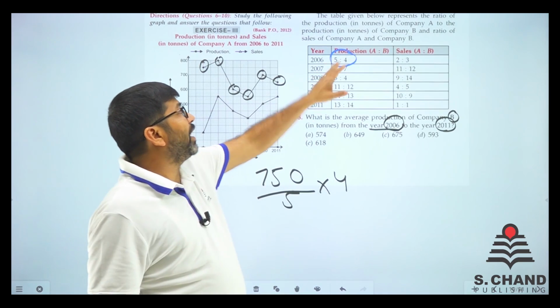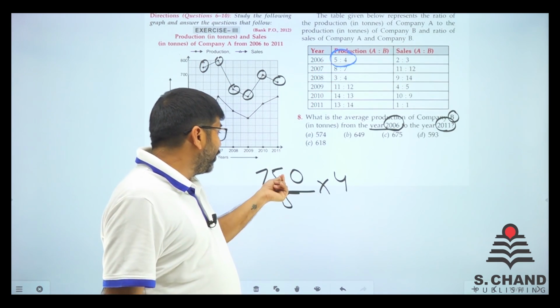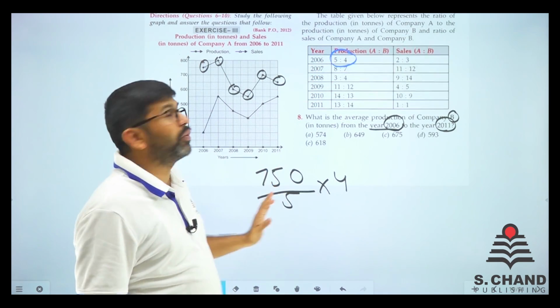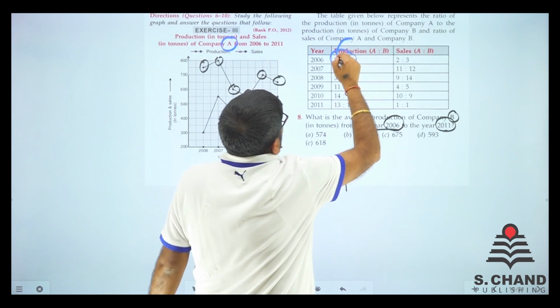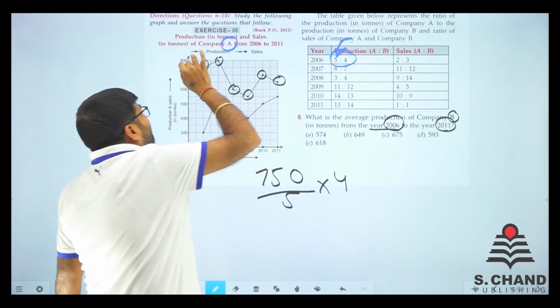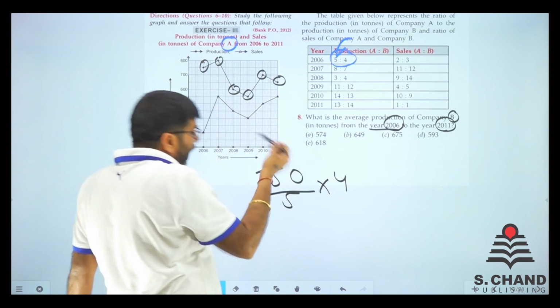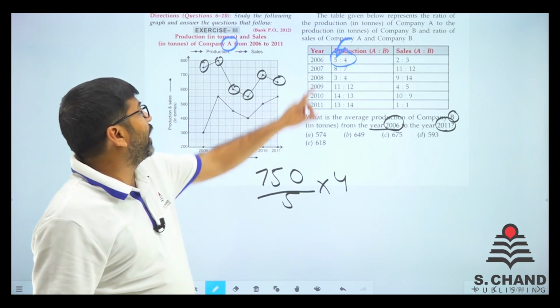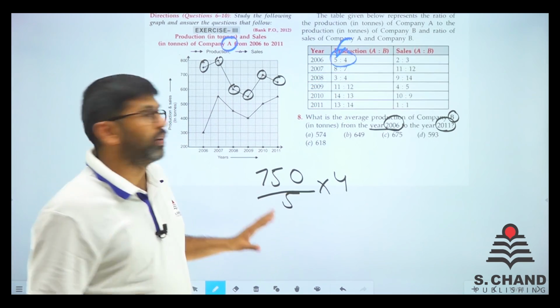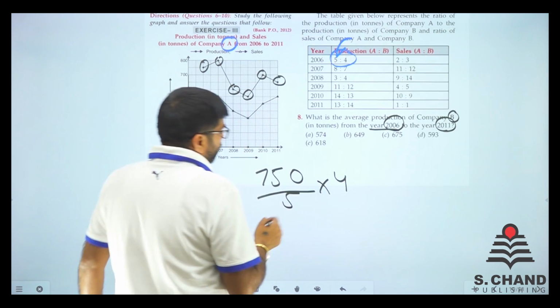Because this ratio is 5:4. So 750 will be divided by 5, because see, this is company A and this ratio is the A part. So when this company's production is divided by the company's portion part and multiplied by 4, it will give you the answer. So let's calculate this first.